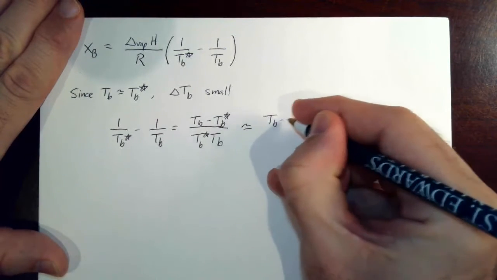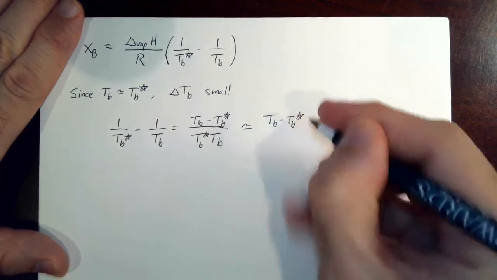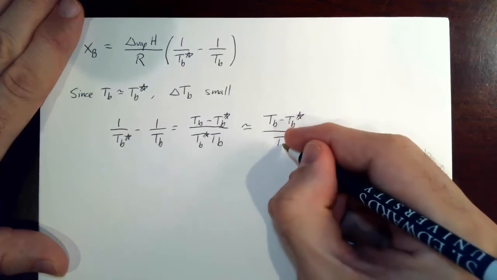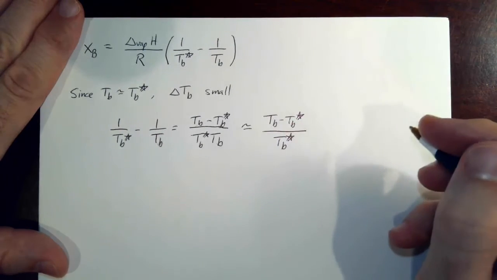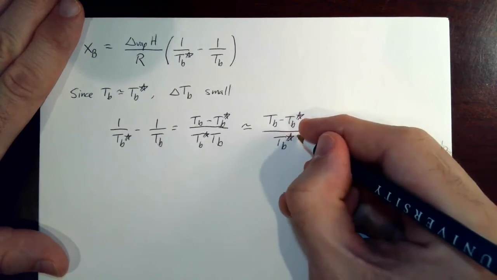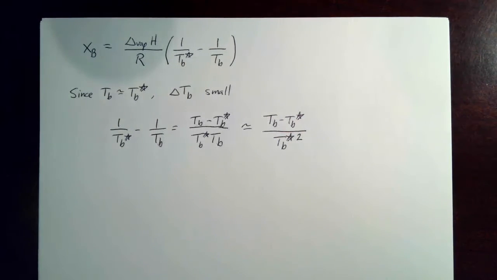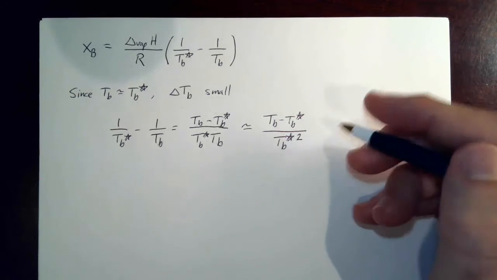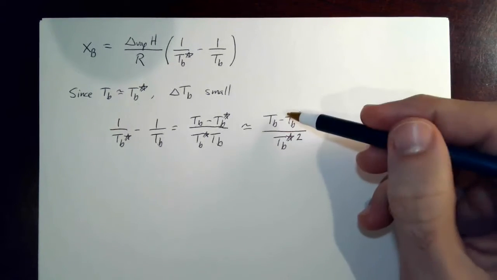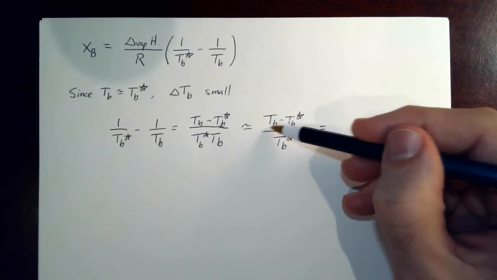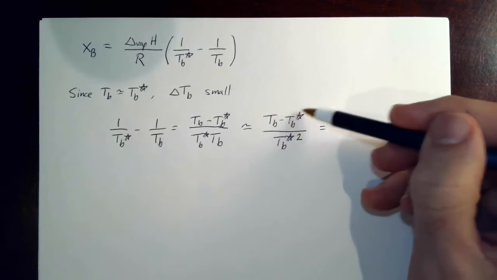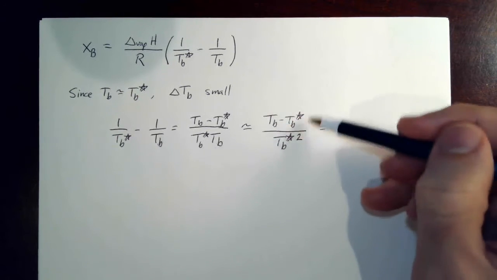A non-zero result would be more relevant. So I end up with TB star squared on the bottom, which is nice because this is a known constant. And in the numerator here, you see that this is the final boiling temperature minus the boiling temperature when it was pure. So this is as a mixture minus when it was pure.